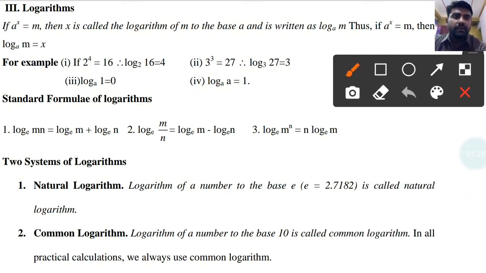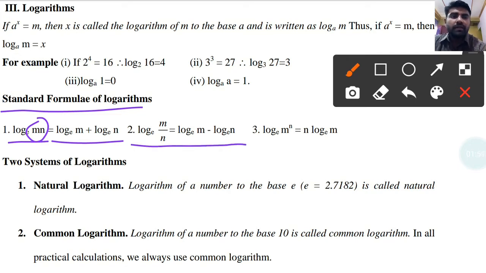Now some rules for logarithm, standard formulas for logarithms. Log of m into n, so this is multiplication. Whenever there is multiplication in a logarithm, there will be summation of the individual logs: log m base e plus log n base e.